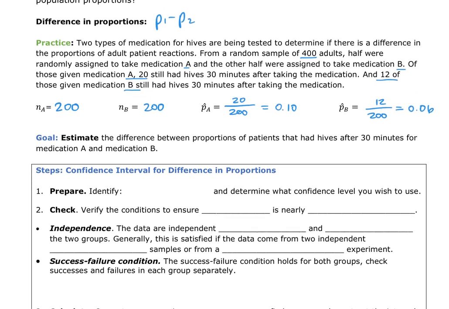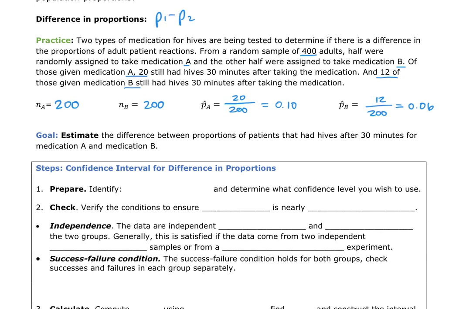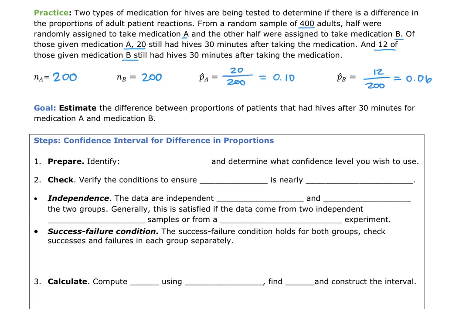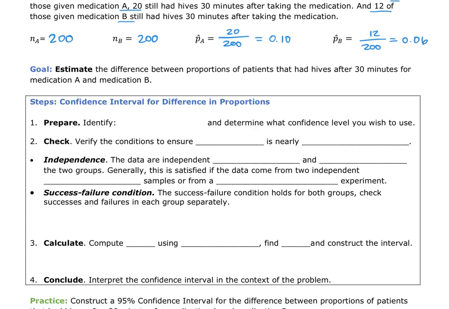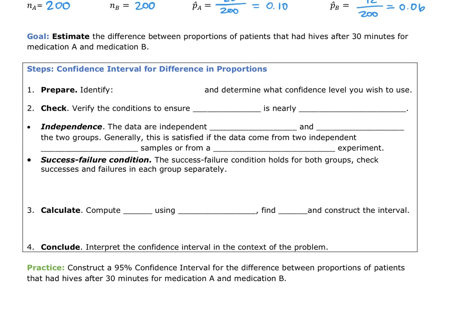So let's start off by wanting to find an estimate, so a confidence interval for the difference between the proportion of patients that had hives after 30 minutes for medication A and medication B. We're going to use the same 4 steps that we did for single proportion.